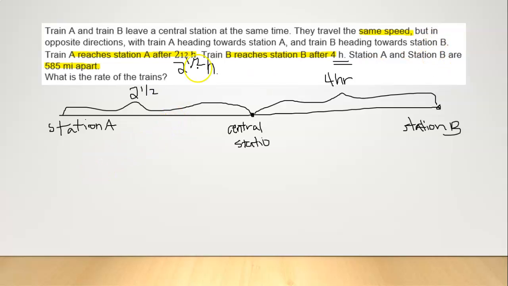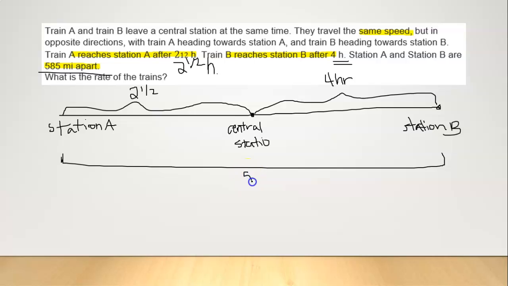Now they're a total of 585 miles apart. So on the top we've labeled the time. Down here, the entire distance I'm going to label 585 miles.